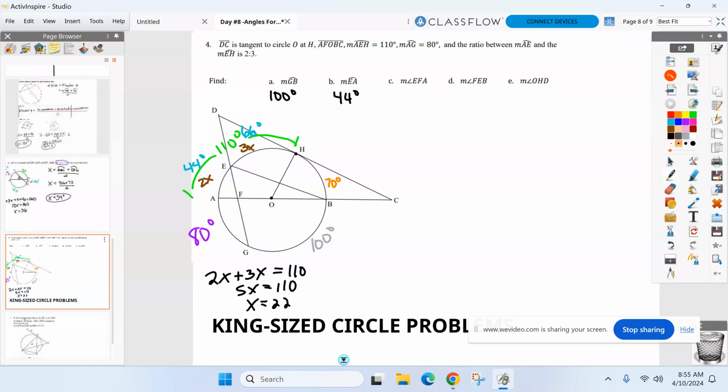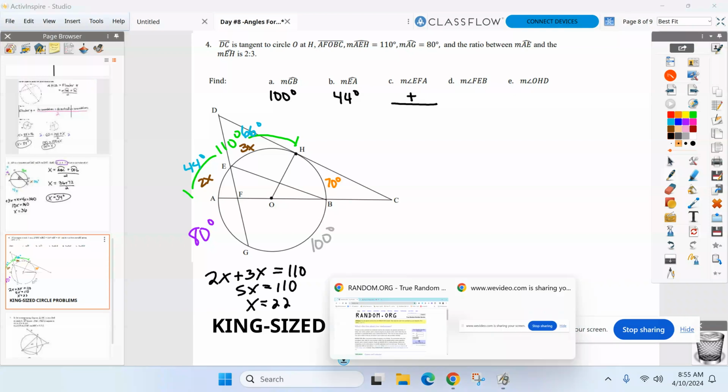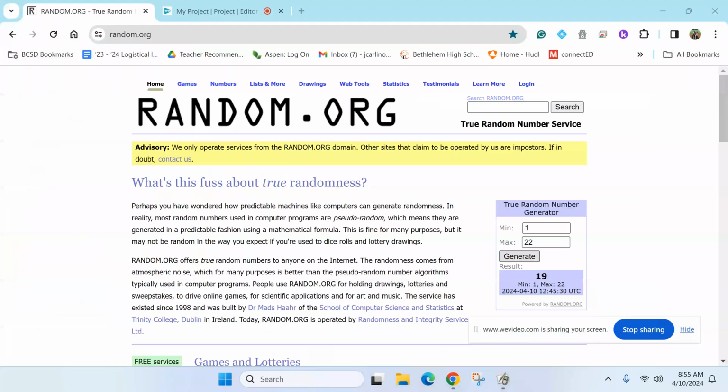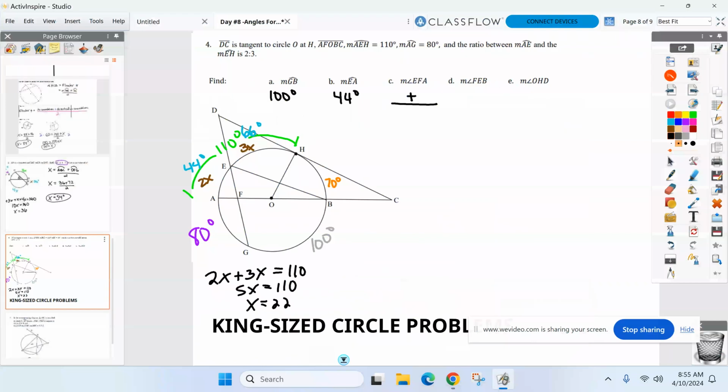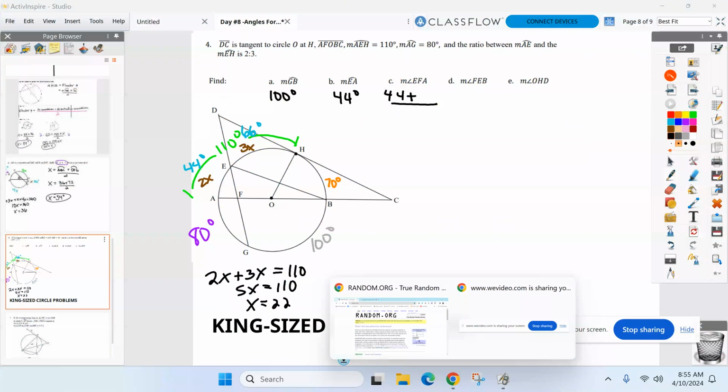And how do I find floaters? I'm going to add up 2 arcs. Angle EFA belongs to what arc? Which is how big? 44. So I'm going to take 44, add it to its vertical angle's connected arc.